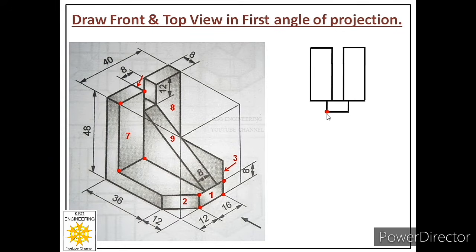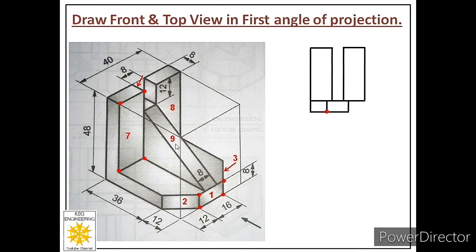Now from this point I can start the drawing of face 2, and we have concluded that from front we will see the length of face 2 as 12 millimeters only. So from this point draw a thick line of 12 millimeters, and we will reach from this point to that point, and from that point we will draw a line of 8 millimeters in our direction. So you can see we are done with face number 2 as well.